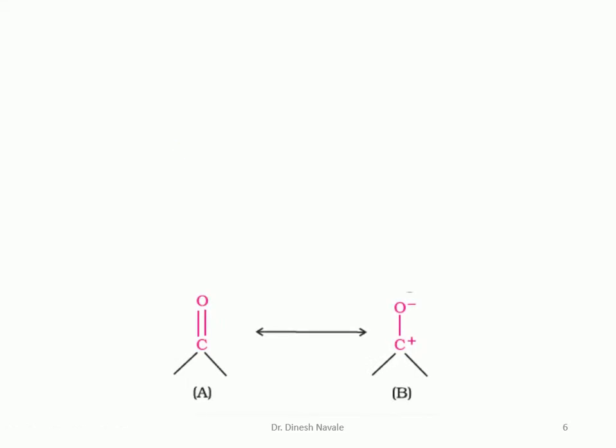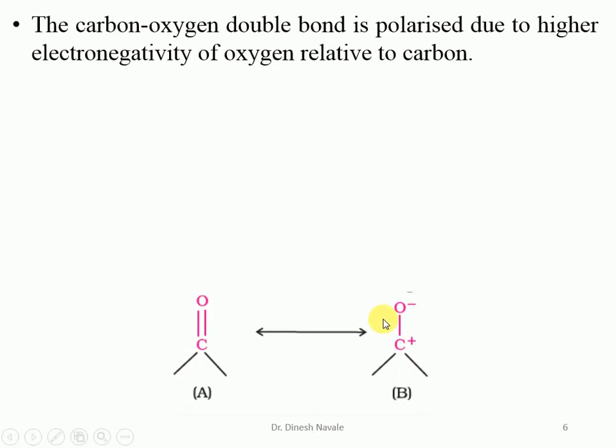Now if you look at the same resonating structure that we discussed in the last slide, the carbon-oxygen bond is polarized due to the higher electronegativity of oxygen relative to carbon. In this bond, which has been shown in red, oxygen is more electronegative and carbon is less electronegative than oxygen, making the carbon-oxygen bond polarized.